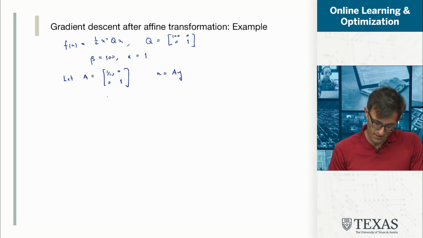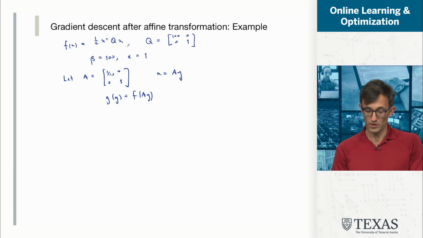So that means that g of y is equal to f of Ay. Let's write out what g is. We know that f of x is equal to 1/2 x transpose Qx. So for f of Ay, I just plug in Ay for x. This is equal to 1/2 (Ay) transpose, which is y transpose A transpose, times Q times Ay.